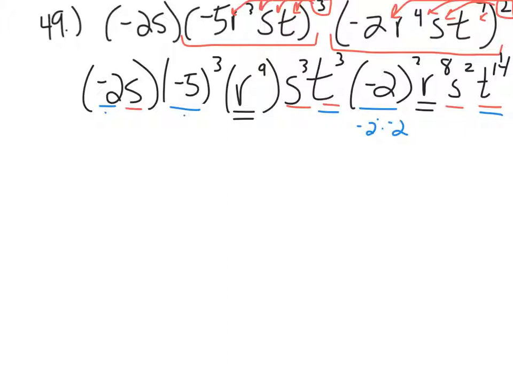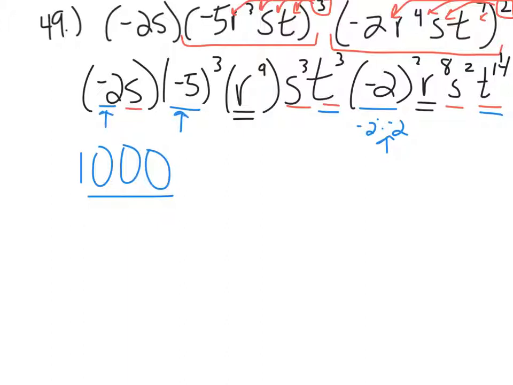When I multiply those all together, I get positive 1,000. The reason it's positive is because this quantity is negative, this quantity is negative, this quantity is positive. A negative times a positive is a positive 1,000.